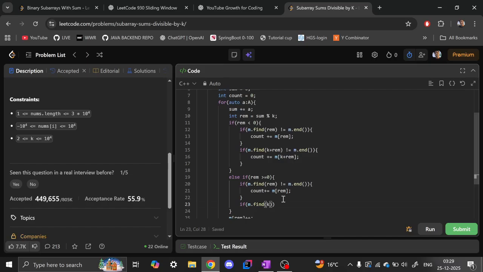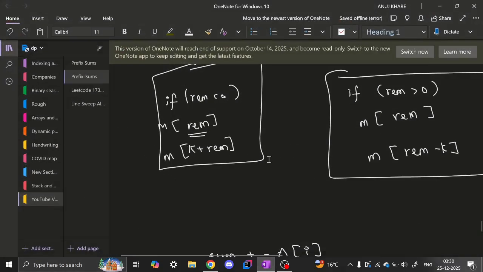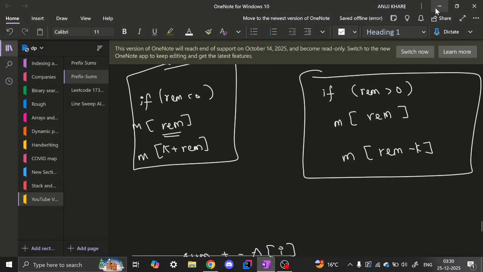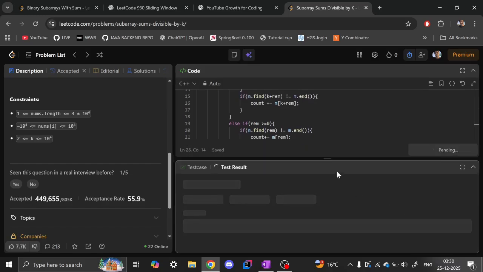If it is positive, then I'm going to add m of rem minus k. Rem minus k, yeah. So okay, and now let's try and submit this solution.